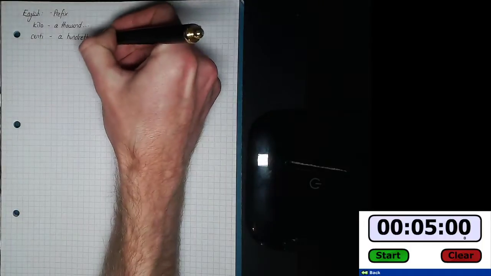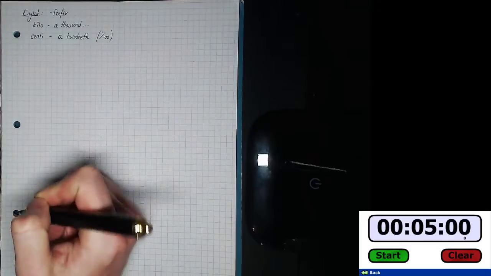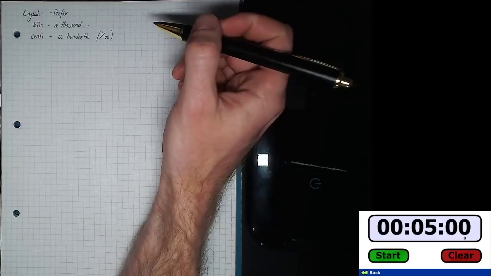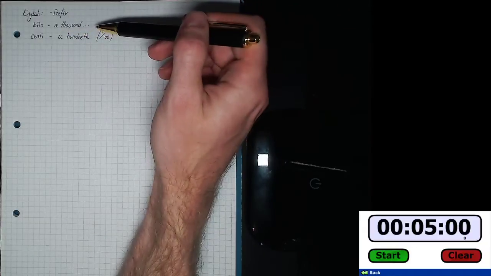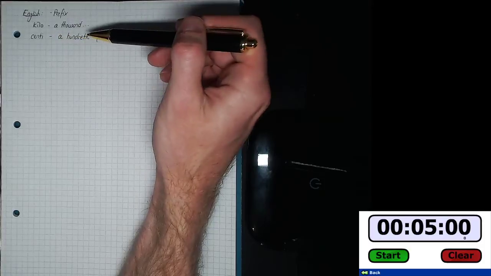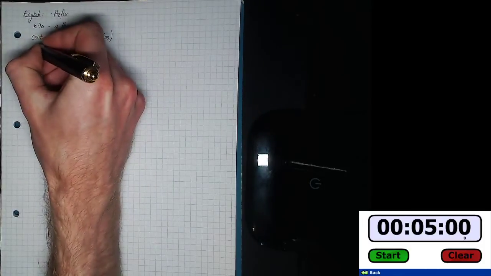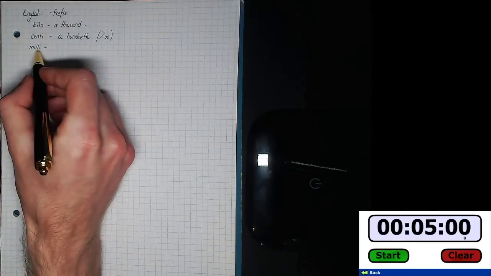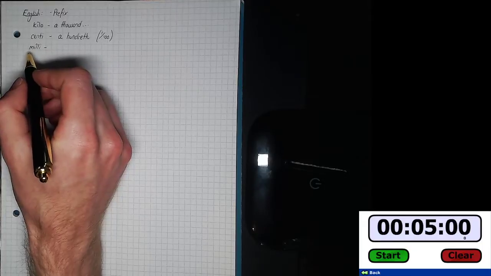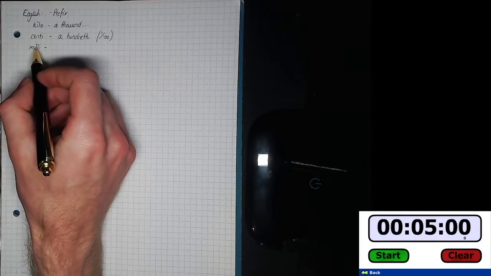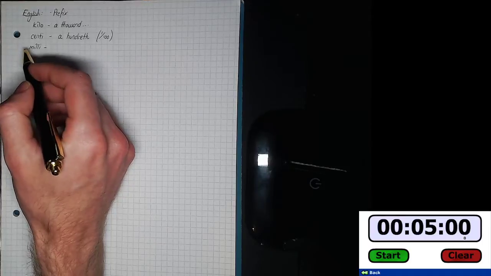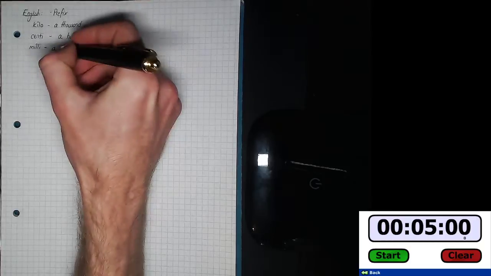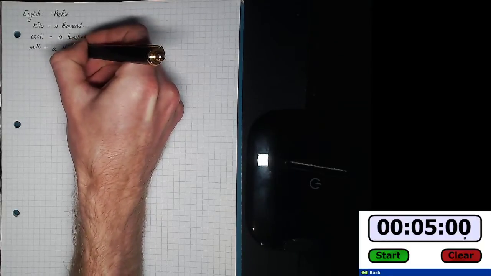Okay, so I'm just going to put 1/100 just to emphasize what I mean there. So we've got kilo, which means 1,000, centi, which means 100th. We also have milli. Now, that word you might think millennium, like 1,000 years or something like that. But in terms of measurements, if you're talking about a millimetre, we're not talking about 1,000 because we've already got that. That's kilo. We're talking about 1,000th.